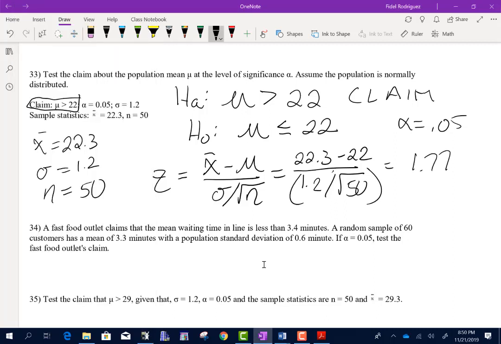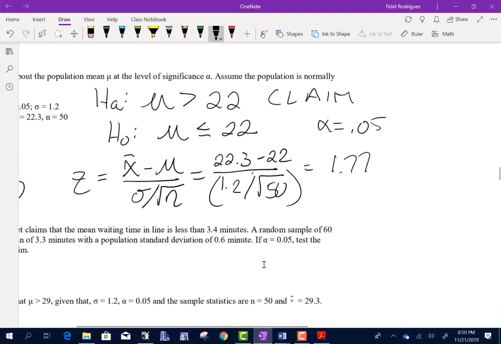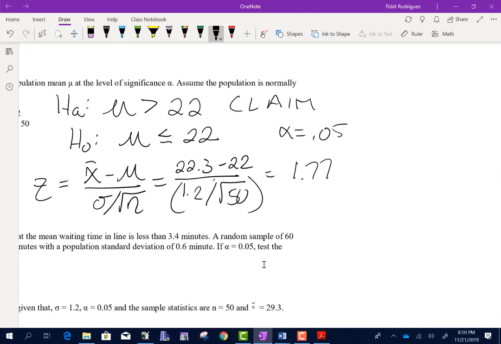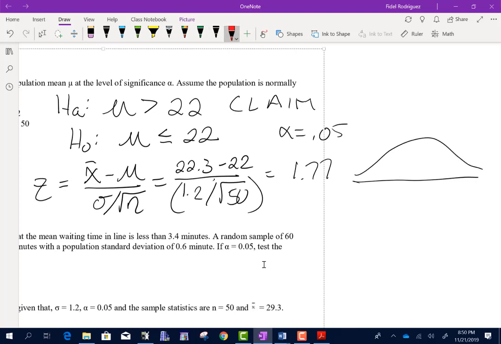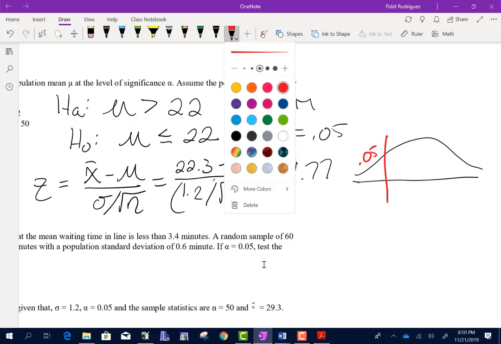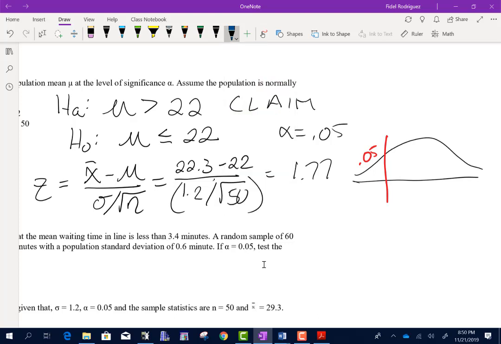I want you to think about this for a minute. Right now, our alpha is 0.05, and we came up with a z value of 1.77. So what I want to do is figure out what's my probability, what's the area here.